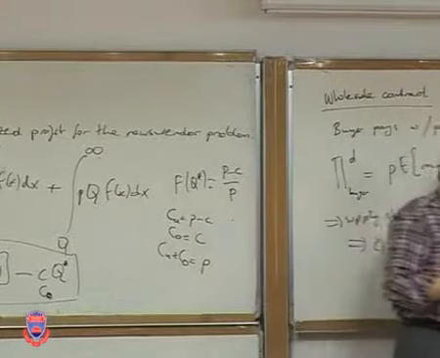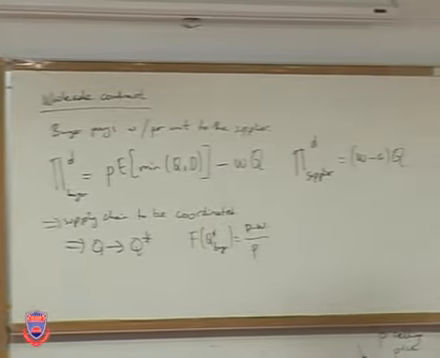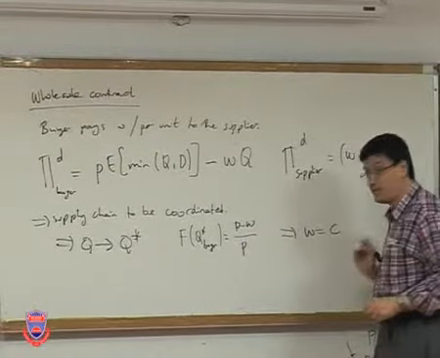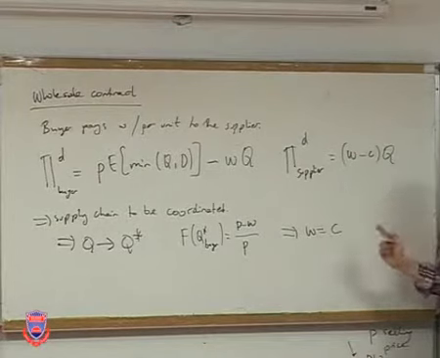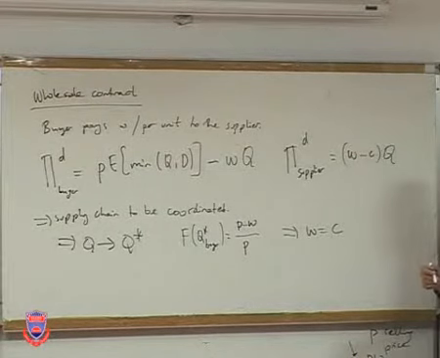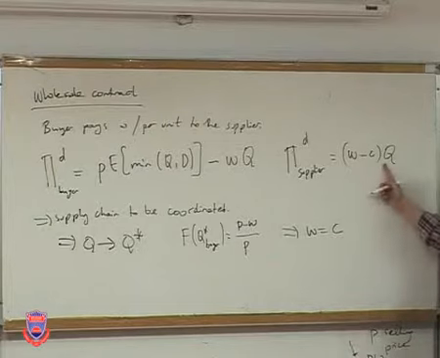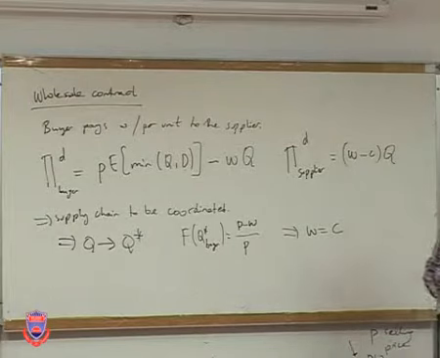So what is the condition for that? The condition should be if W is equal to C, then we can obtain the centralized quantity. What is the meaning of having W equal to C? The supplier is not going to make any profit.